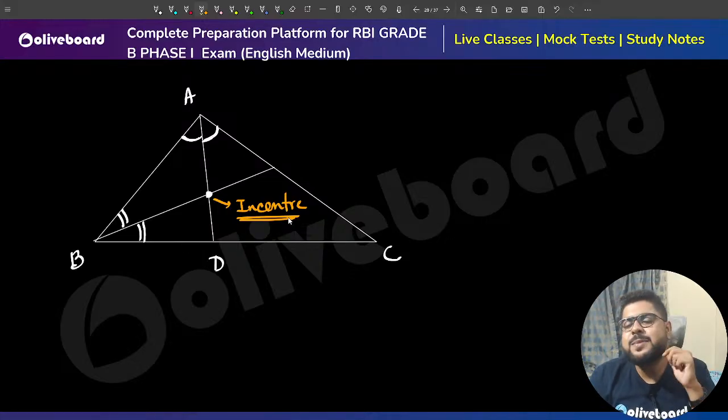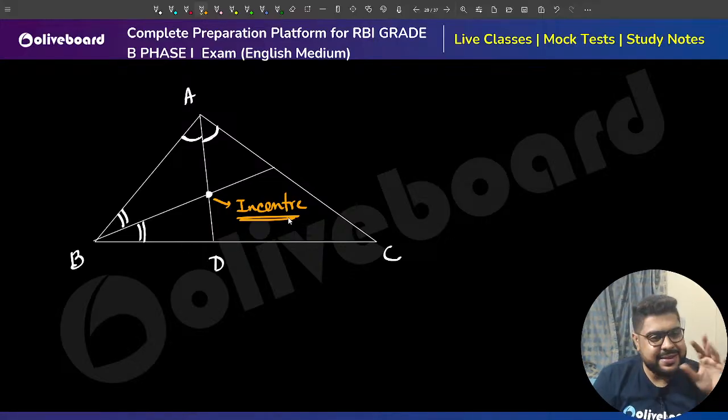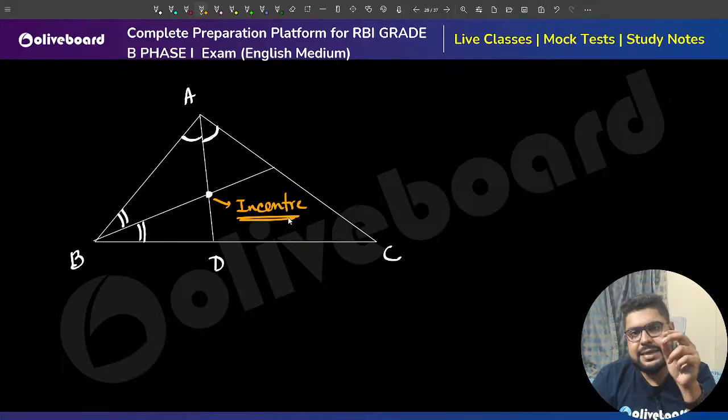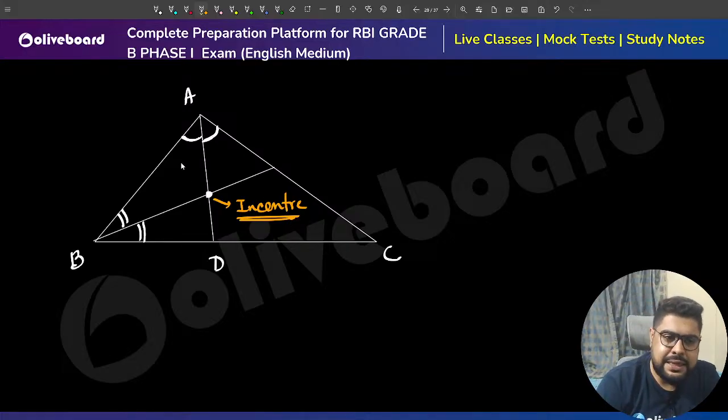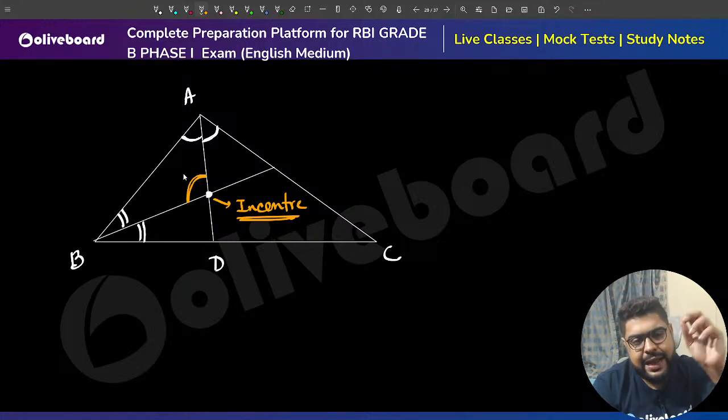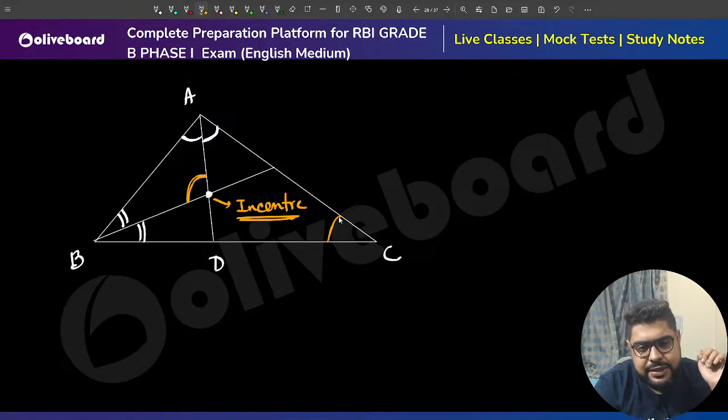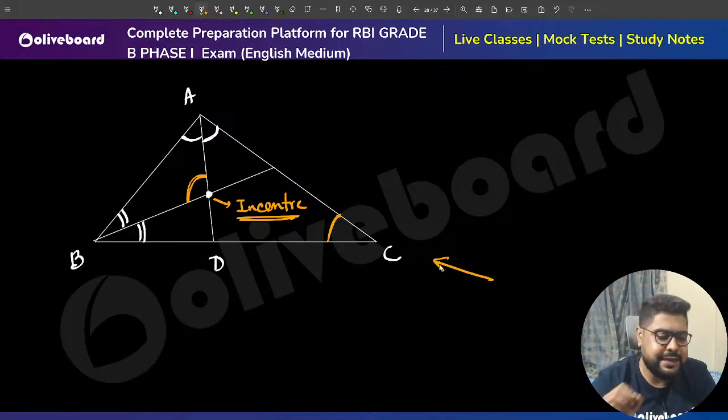Now, why am I saying what I am saying? Please understand this. There is a theorem. This angle where these two angle bisectors are meeting has a relation with this particular angle, the opposite one, or the same side one, whatever you want to call it. And what is that relation?